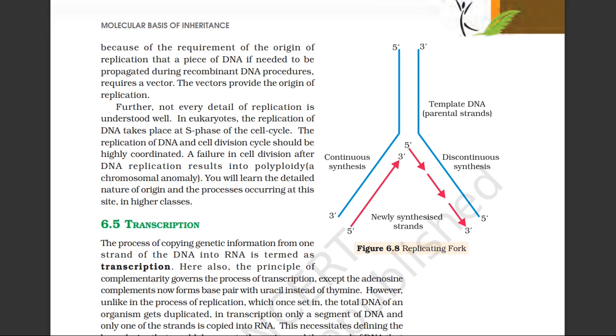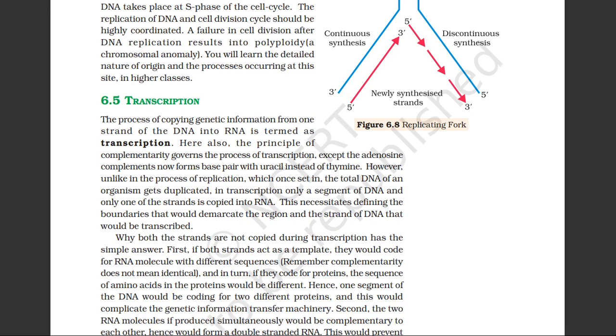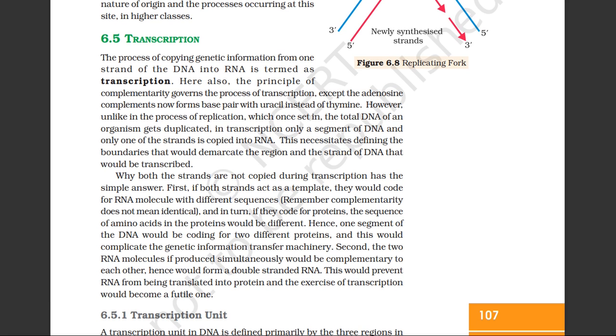6.5 Transcription. The process of copying genetic information from one strand of the DNA into RNA is termed transcription. Here also, the principle of complementarity governs the process of transcription, except that adenosine now forms a base pair with uracil instead of thymine.